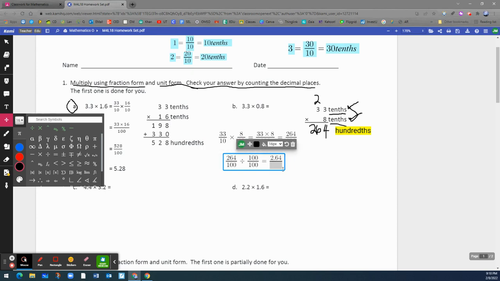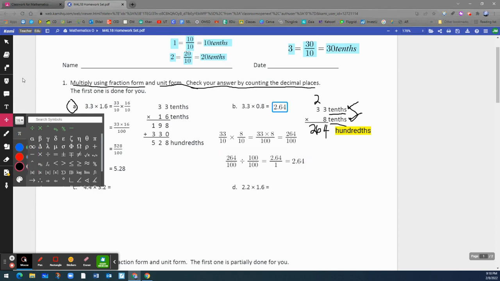Now, 100 divided by 100 equals 1. As you know, any number, like in this case 264, divided by 1 is going to yield the same number, which is 2.64. And that, my friends, is the answer for this multiplication between 3.3 times 8 tenths, which equals 2 and 64 hundredths.